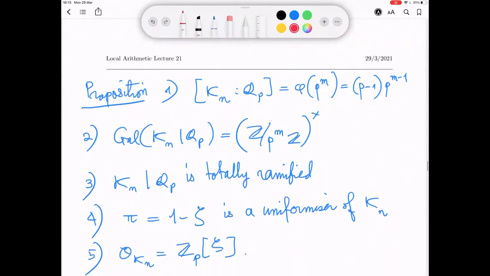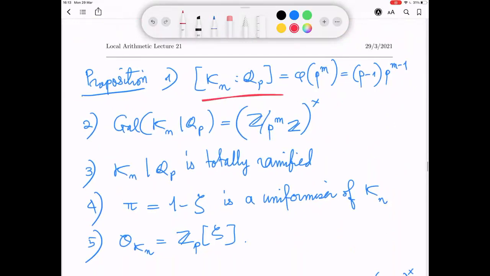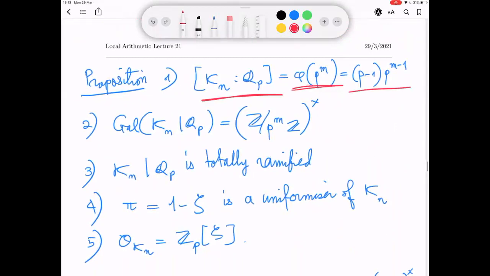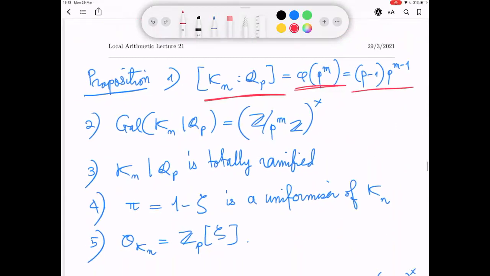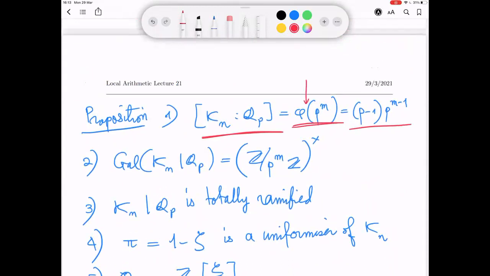Okay, so this proposition says the following things. The degree of this extension K_n over Q_p is phi(p^m), which is not this phi that we have been discussing just now. This is the order of (Z mod p^m Z) star, right? And that's the order: (p minus 1) times p^(m minus 1).